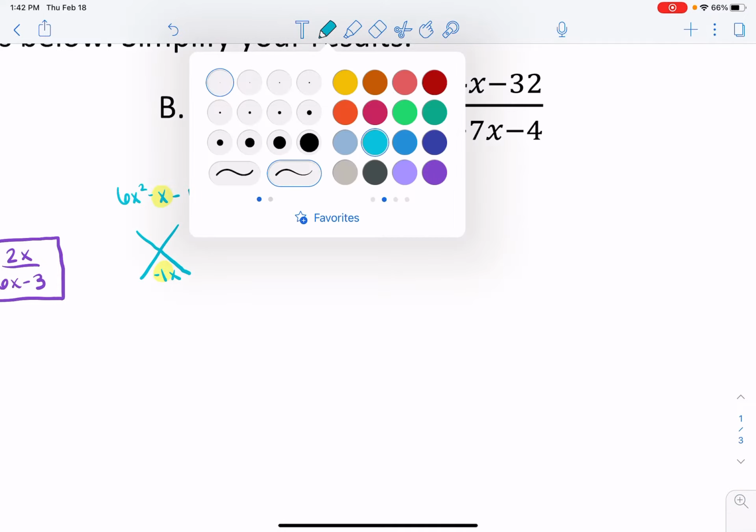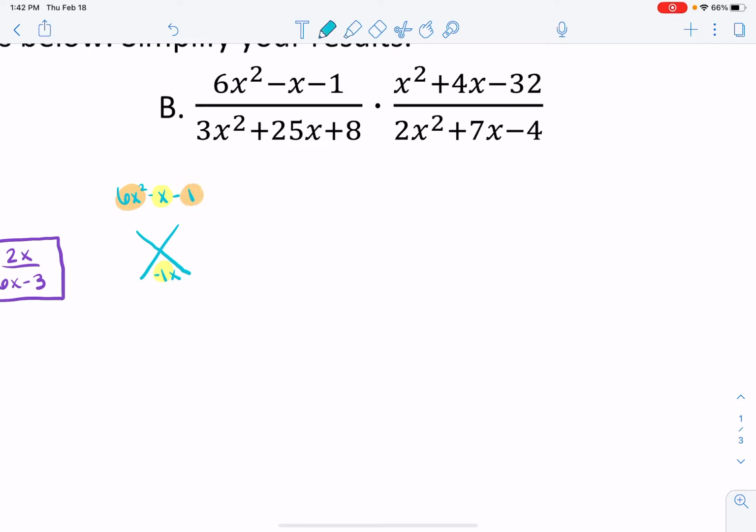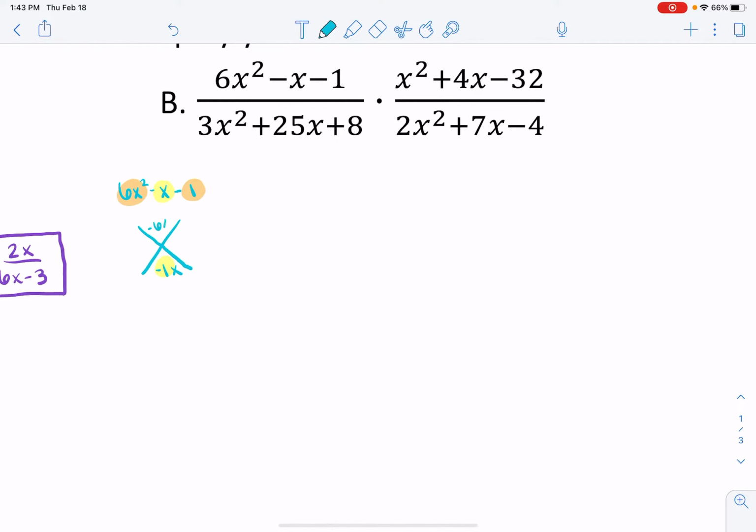Then we take our 6x squared and multiply it by negative 1, so in the top box we will have negative 6x squared. Now we decide what multiplies to be negative 6 but adds to be negative 1, and that is what we put in both of these boxes.